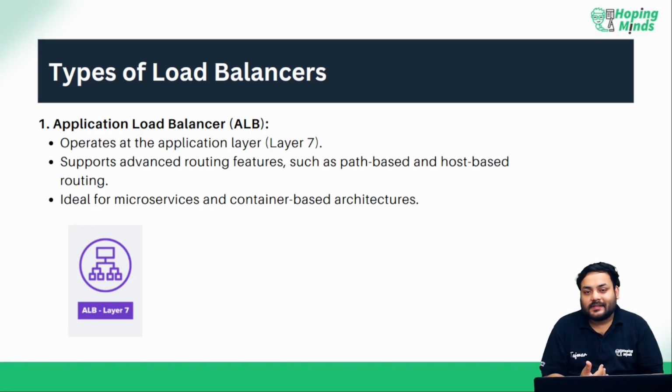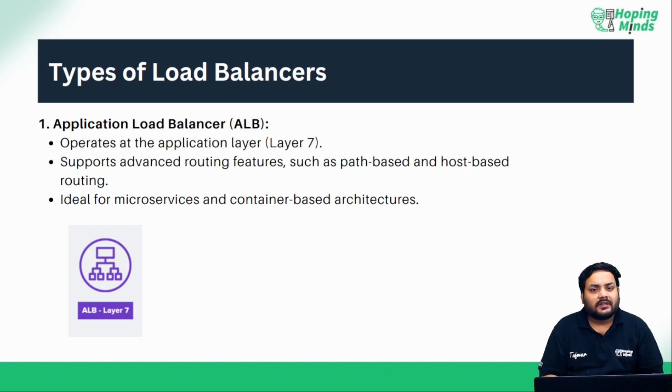So now in this session, let's learn about the different types of elastic load balancers. First we have the application load balancer. It operates on layer 7, which is the application layer of our OSI model. What is the OSI model? You can learn it on your own, just Google it.